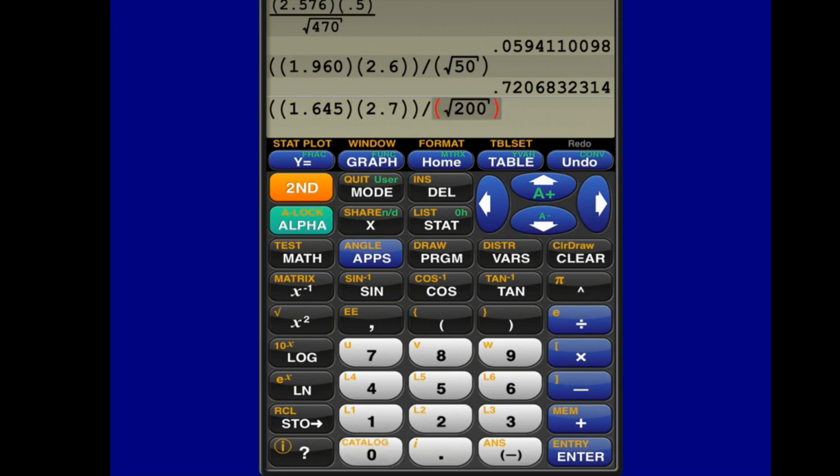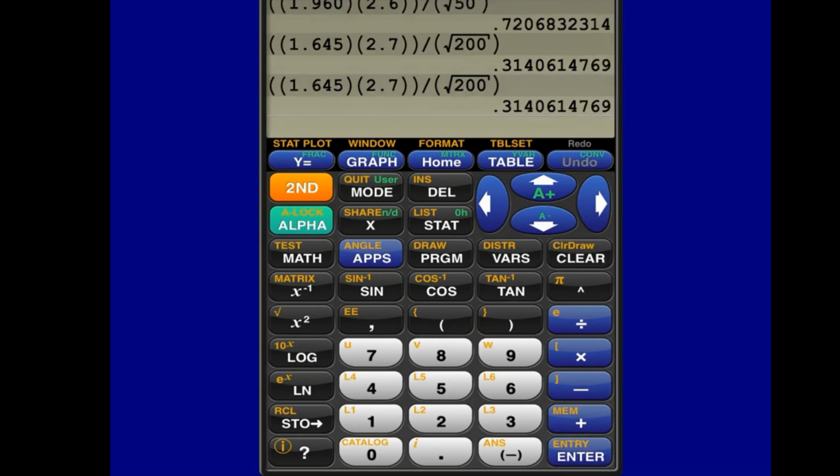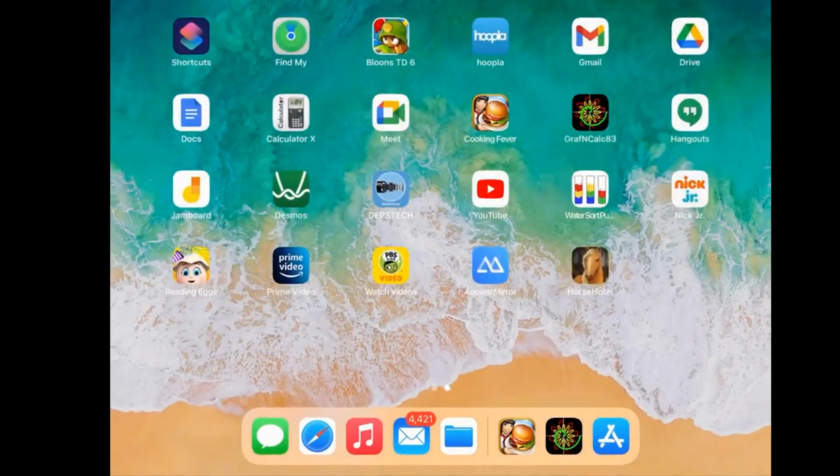Go right key and then press enter, press it too many times, we got 0.31.